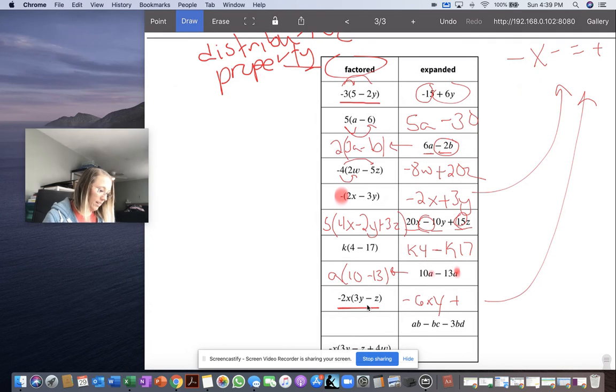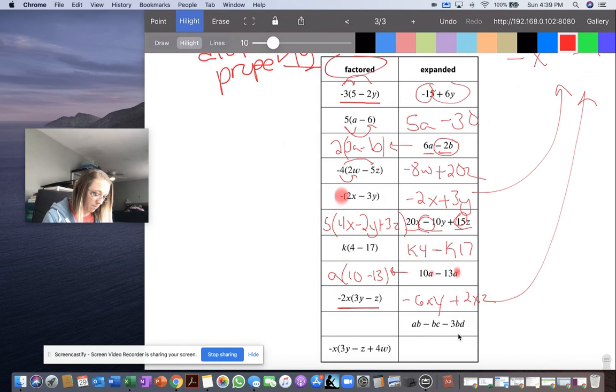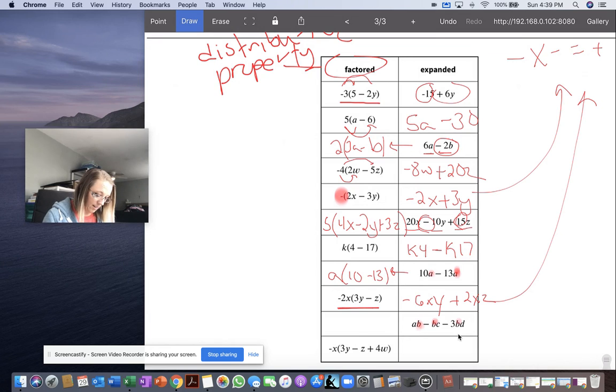So let's look at this next one. Notice, again, that we have a common term that we can factor out of this equation. That term is b, because it's the one that is in every part of the equation. You have 3 parts of this equation, so you can factor out your b, and then you're left with a minus c minus 3d.